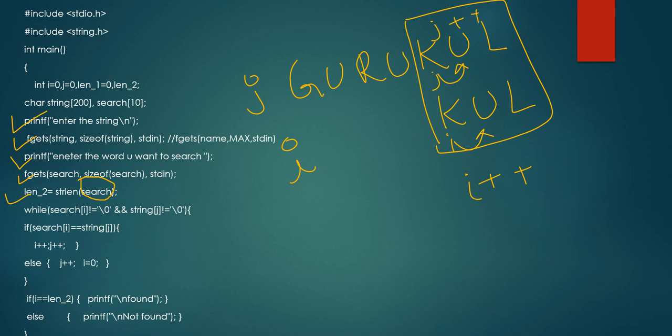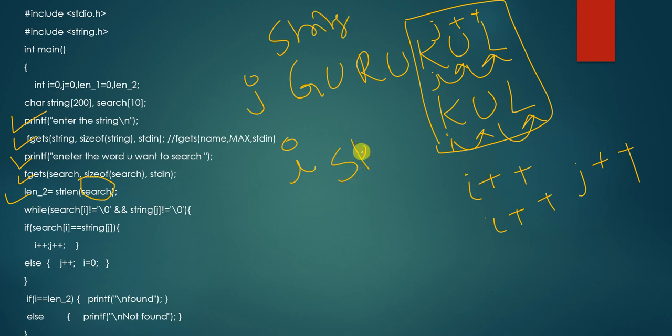If the next characters match, I again increment both, so again i plus plus, j plus plus. That is what I have mentioned. Which two strings do I want to compare? This string is just called string, and this string I am giving as search string. So what I have mentioned here is: if search of i is equal to string of j, then increment both.